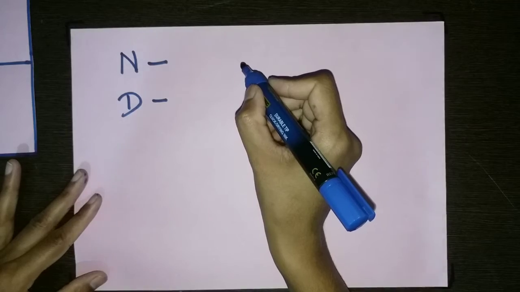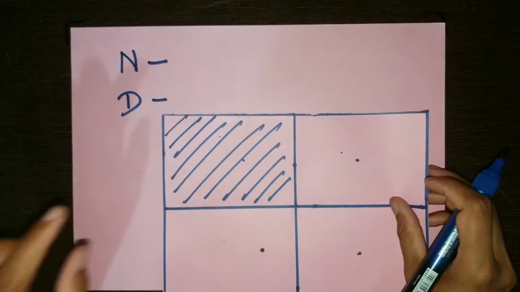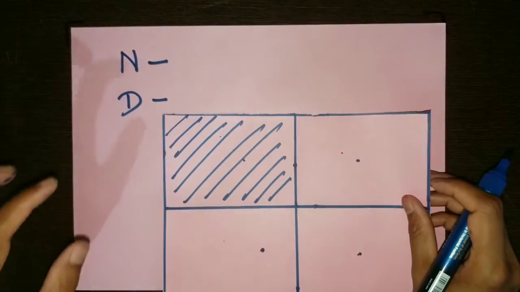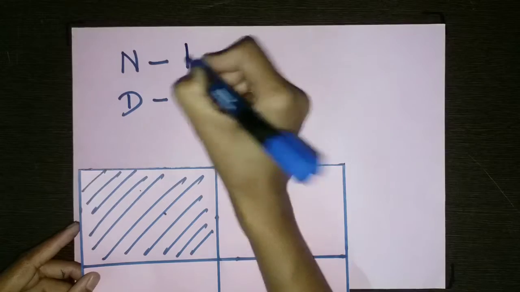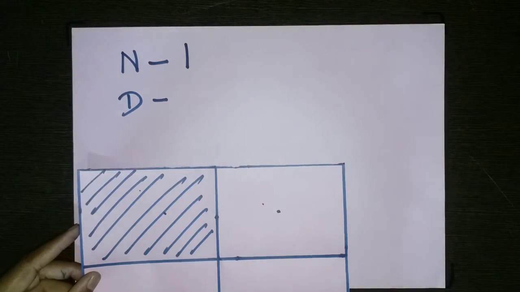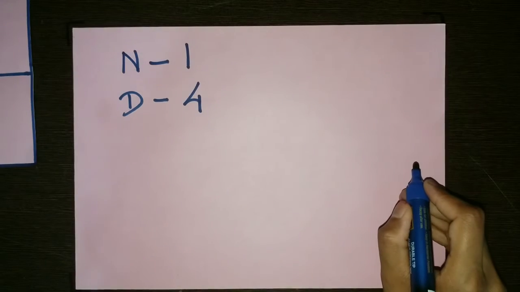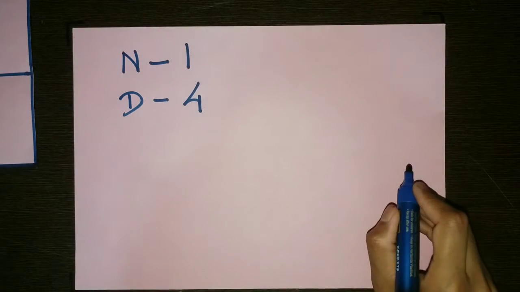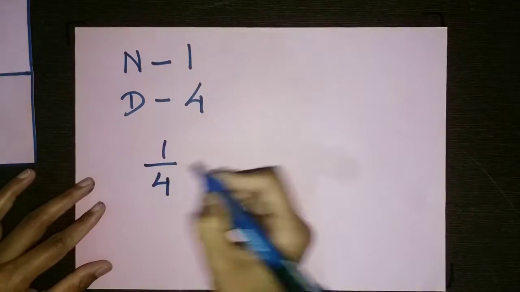Now, here if I want to find the fraction for the shaded part, for that, how many shaded parts are present here? 1. And how many total parts are present here? 4. So the fraction for the shaded part is 1 by 4.